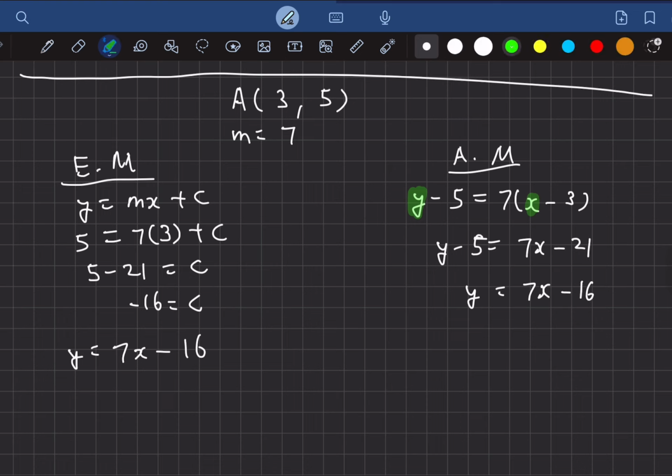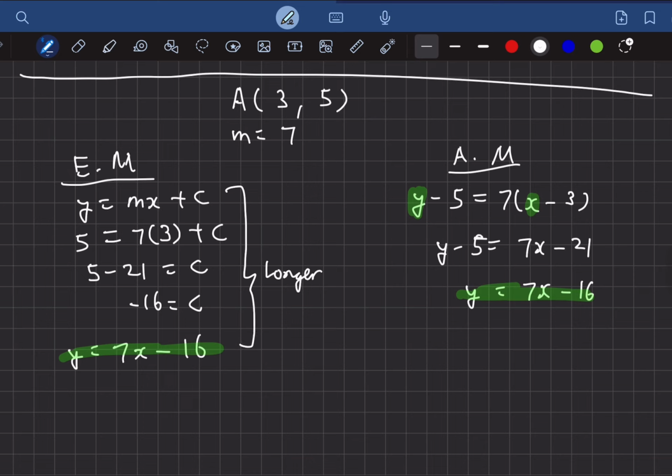So you see, both answers are the same. It depends on your preference, whether you are more comfortable with the E-math or A math way of presenting. But one thing to remind students is that you can see very clearly that if we use the E-math method, it's longer. But if you use the A math method, it's shorter.